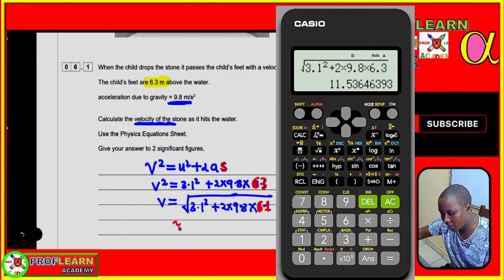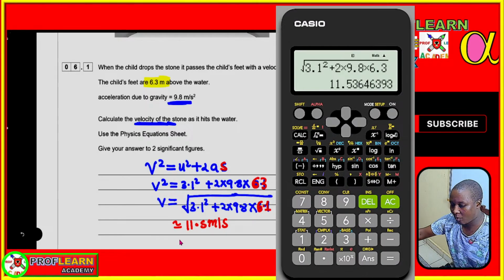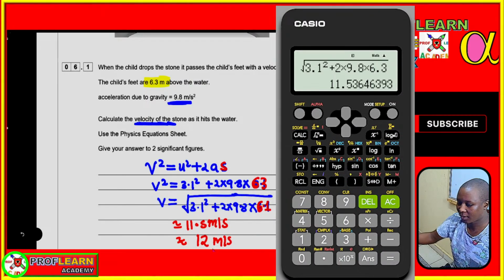So we can say this is 11.5 meters per second, which is approximately 12 meters per second.